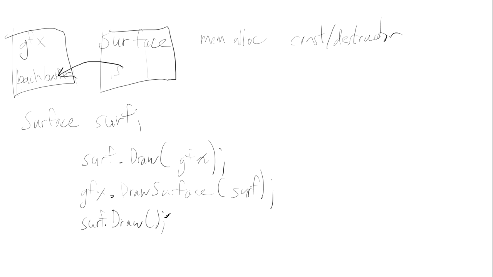Now the other thing that we have to really think about is which class is going to actually be doing the memory transfer, the actual brunt of the work here. Because the class that does the memory transfer is going to have to know about the internals of both of these objects in order to perform that memory transfer.